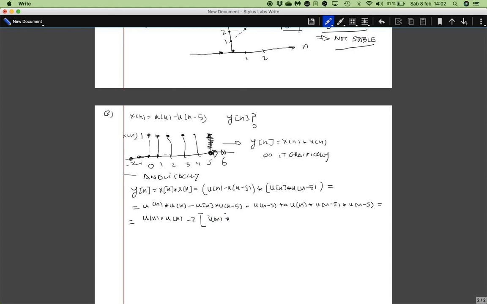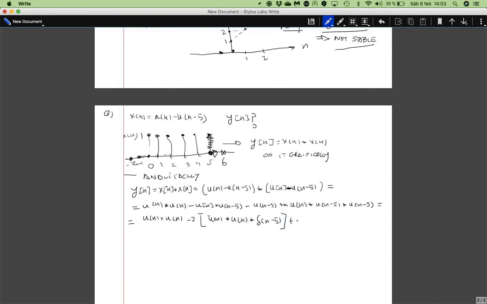But we will write u of n minus 5 as u of n convolved with delta of n minus 5. Why are we doing that? Because then we have here two u of n that we can very easily operate.